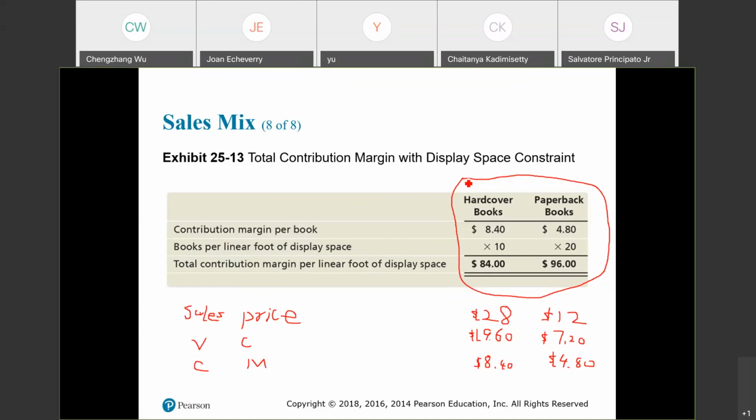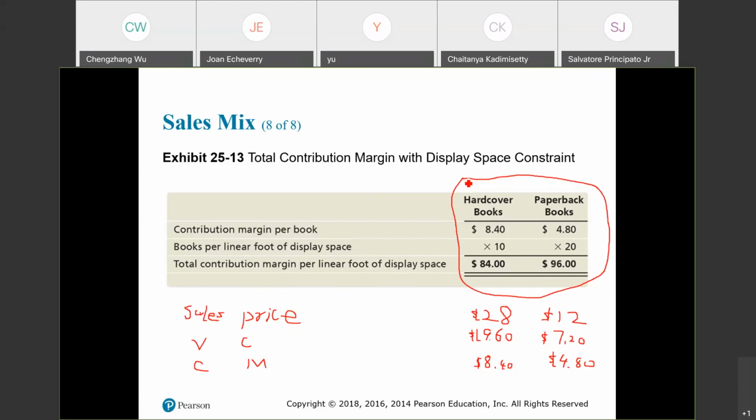Well, in this case, the company can display twice as many paperbacks as hardcovers. Will the increased variety of titles displayed increase sales and inventory turnover, or will it lose sales if only the paperback books are displayed?